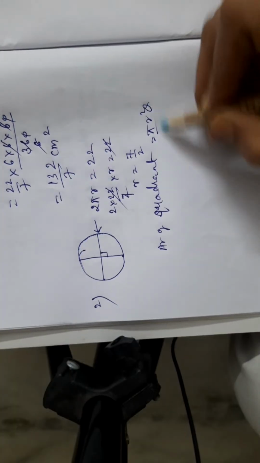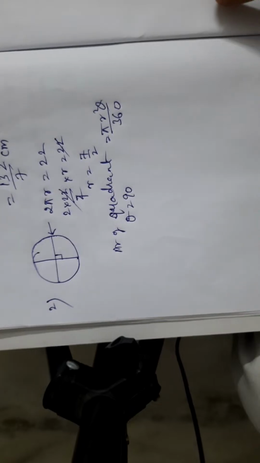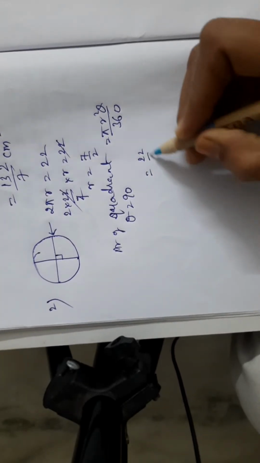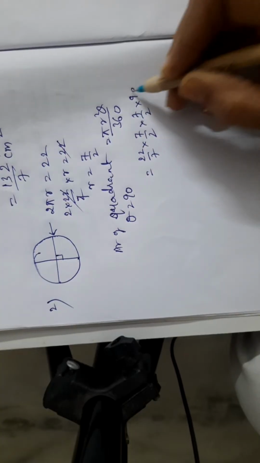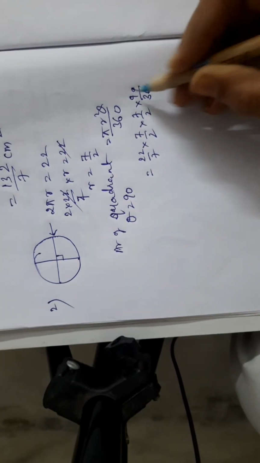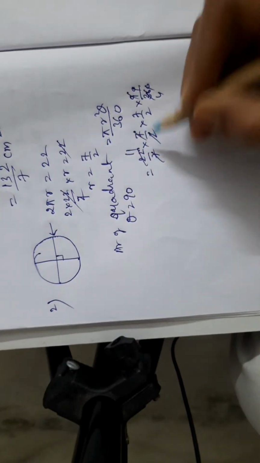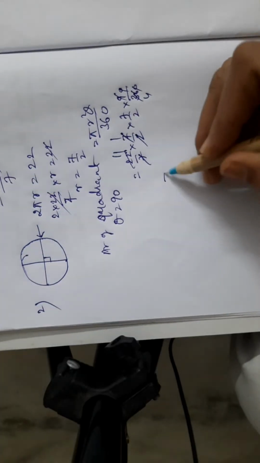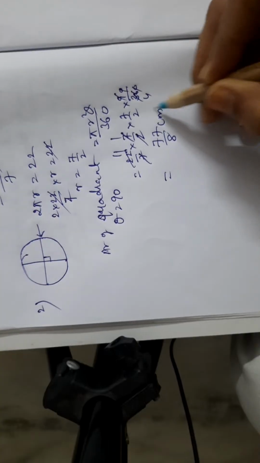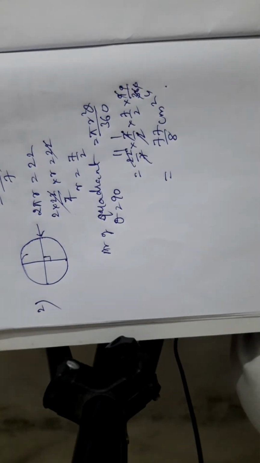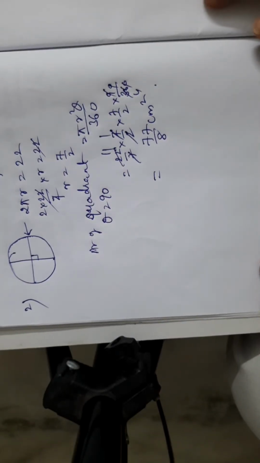Pi r square theta by 360, where theta is 90. 22/7, radius we got 7/2, theta 90 upon 360. So here, 77/8 centimeter square. Later on you convert the fractions to decimal. The answer should not be left in fraction.